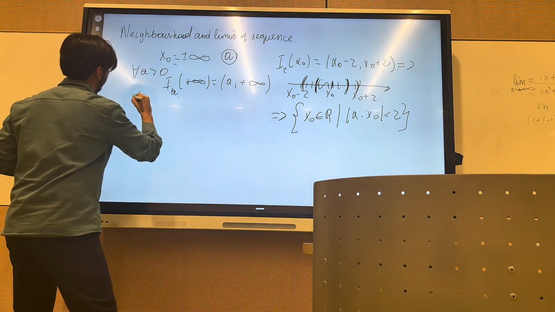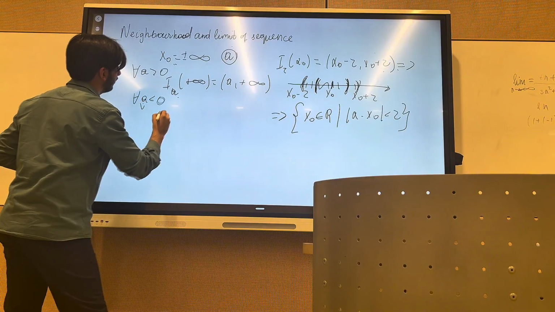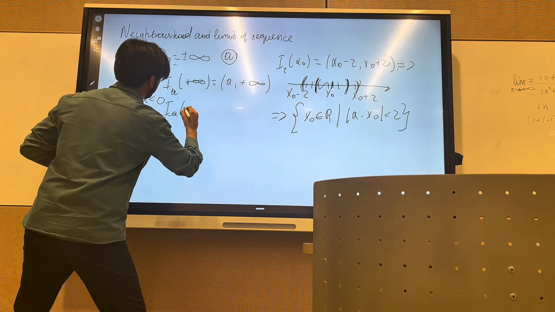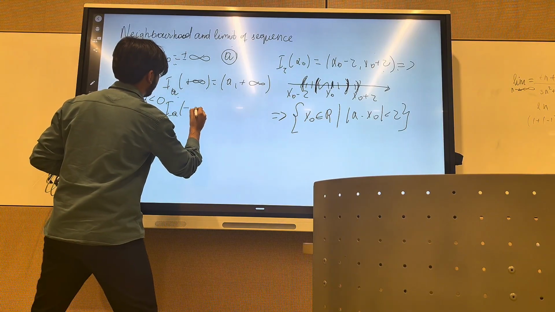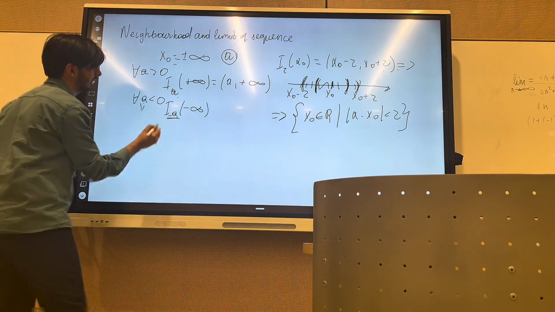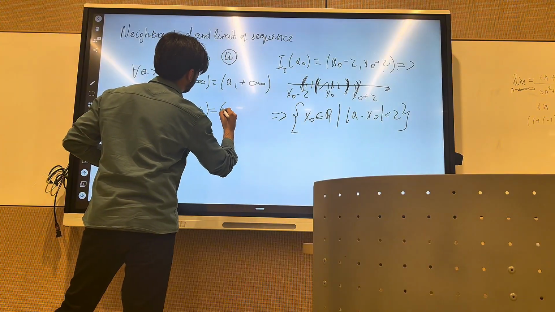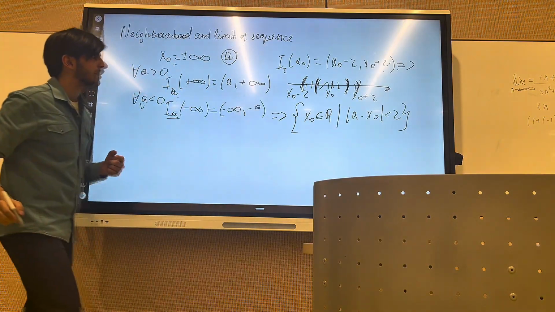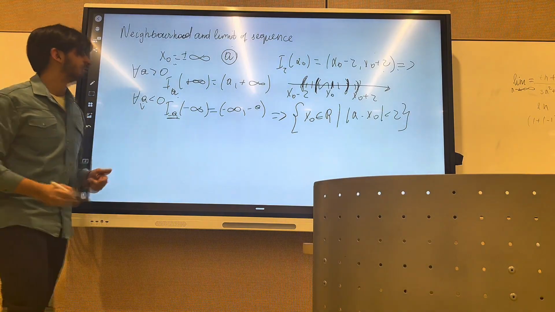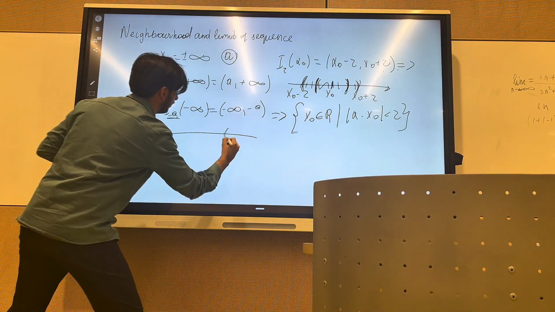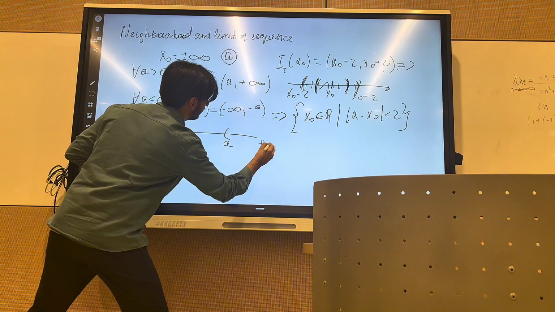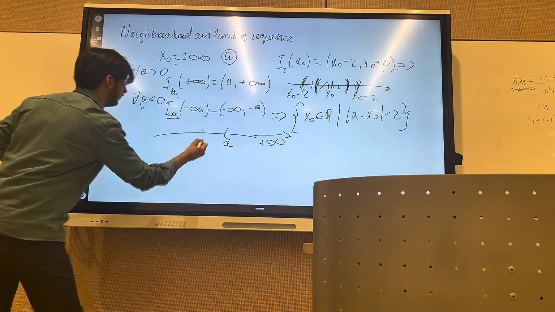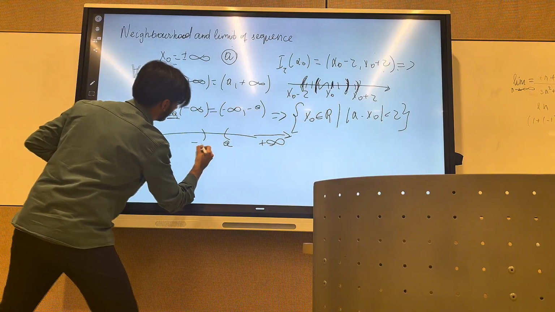And for all a less than 0, which implies minus a, the neighborhood of minus infinity is the endpoint minus a, which equals from minus infinity to minus a. And on the real line, we can show it like that: from a to positive infinity, and from negative infinity to minus a.